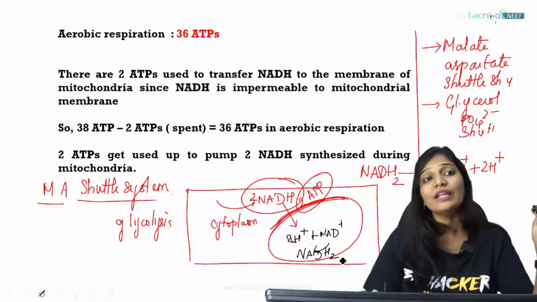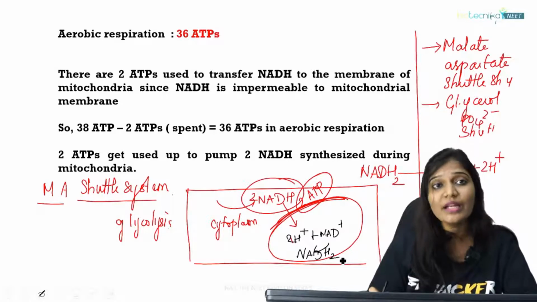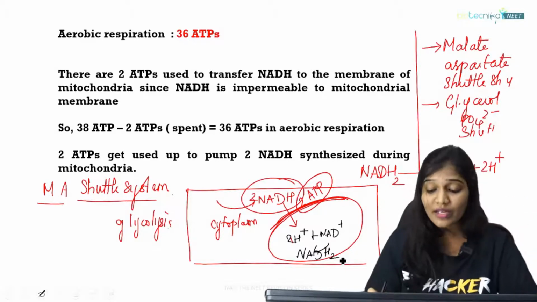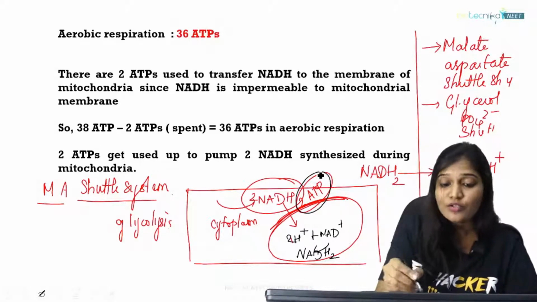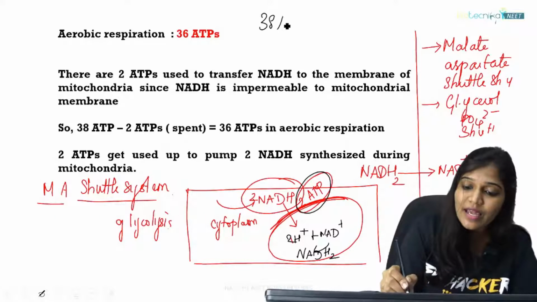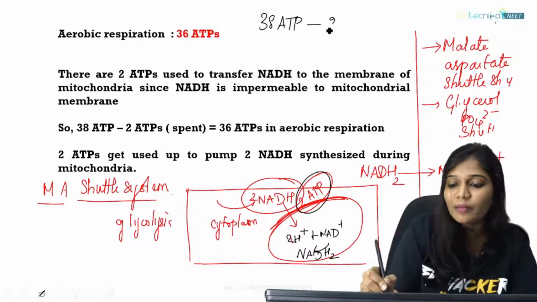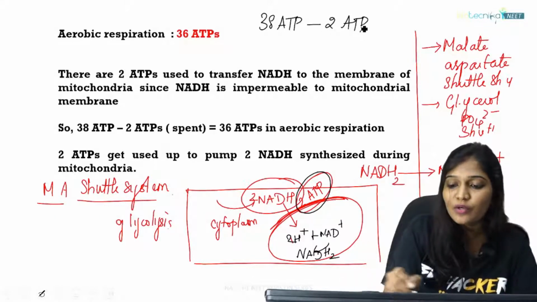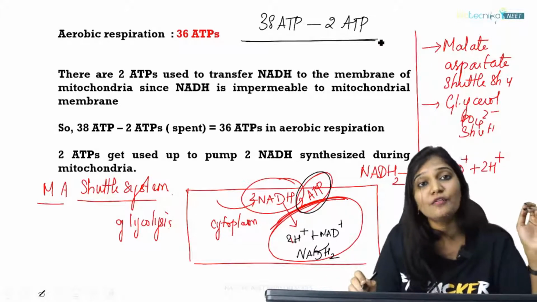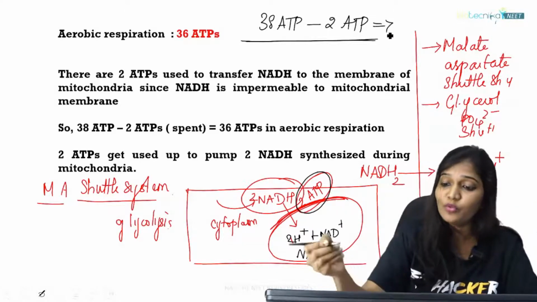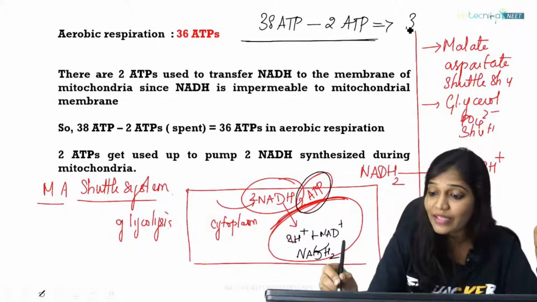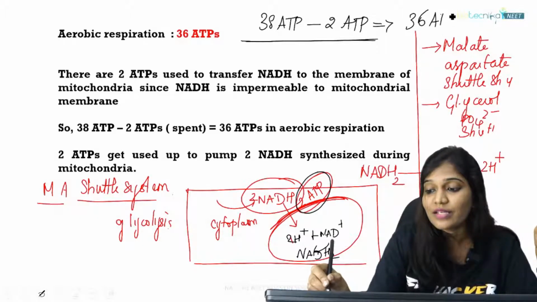So when NADH has to go from outside to inside, it needs some amount of ATP. So 38 ATPs are actually produced, but 2 ATPs are being utilized to pump this NADH from the cytoplasm to the mitochondrial matrix. That's why the calculation comes around 36 ATP.